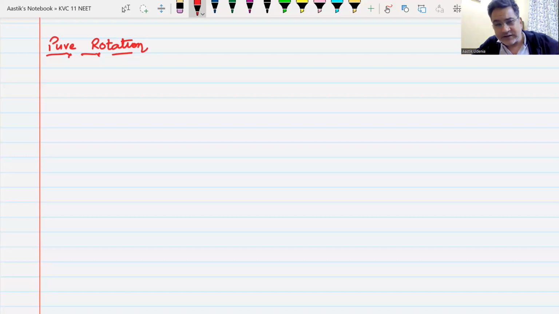Looking at the motion of the fan or the minute or hour hand of the clock, it must remind you of something that we have already done. Some motion that we have studied previously.